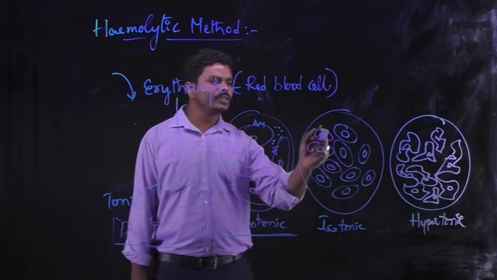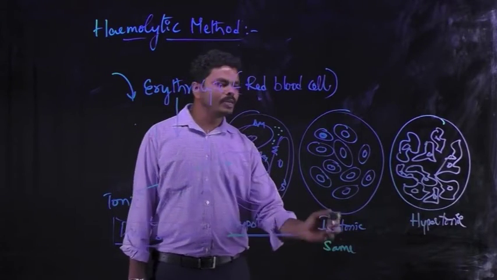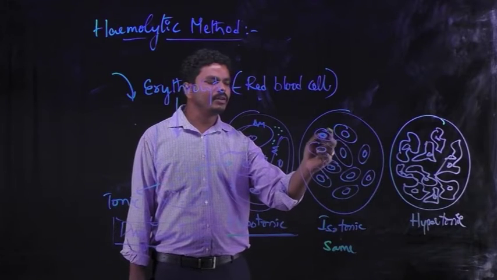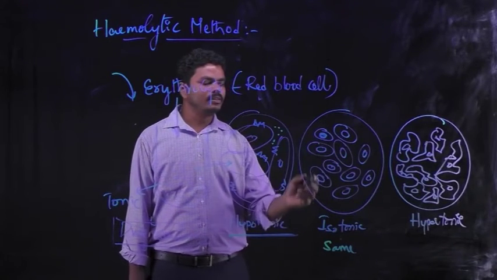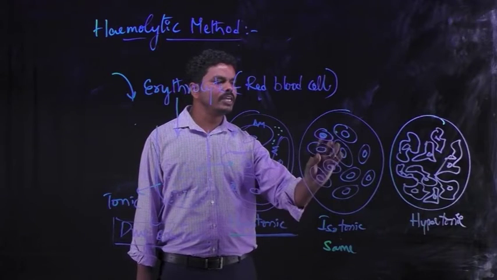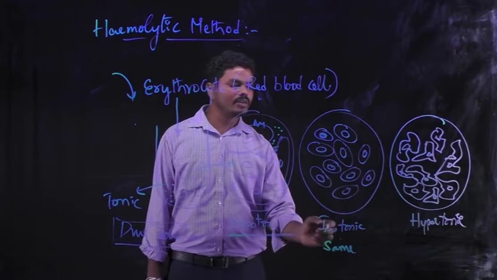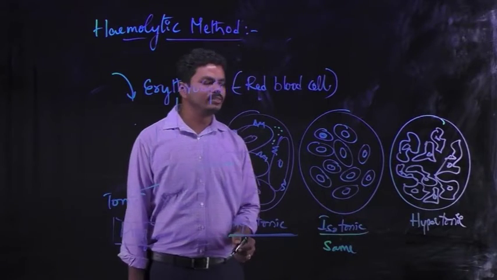And solutions which have the same osmotic pressure as the osmotic pressure of the red blood cells, there is no change in the appearance of the red blood cells observed, and that type of solution is called an isotonic solution.